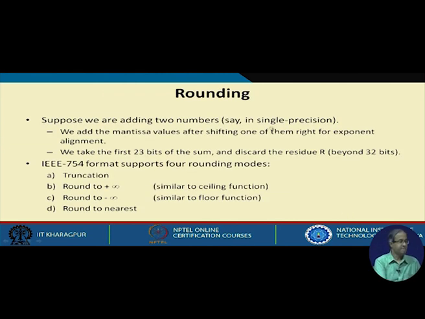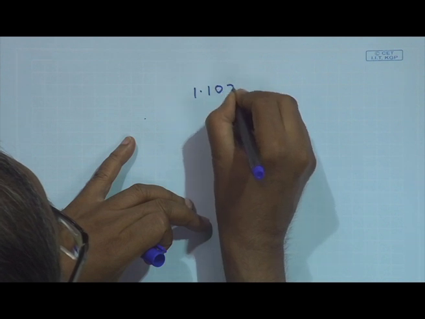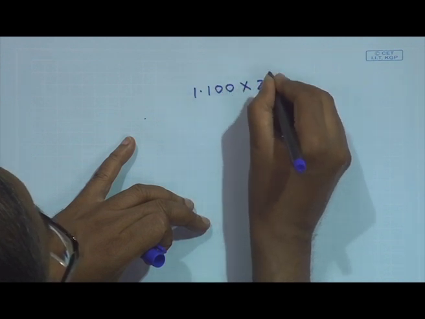Now, there is another feature of the IEEE format which is also very much useful. This is called rounding. Suppose when we add two numbers, let us say in single precision, normally we add the mantissa value after aligning the exponent. What do you mean by exponent alignment? Suppose one number is 1.000 into 2 to the power 2.